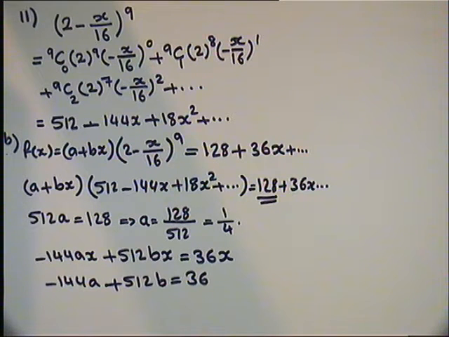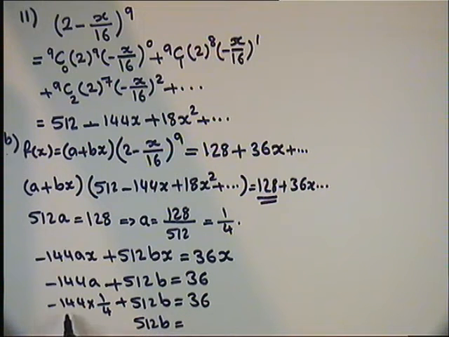Now substitute a, you get minus 144 times a quarter plus 512b equal to 36. So 512b is equal to 36 plus 144 over 4, which is 72. Therefore, b is equal to 9 over 64.